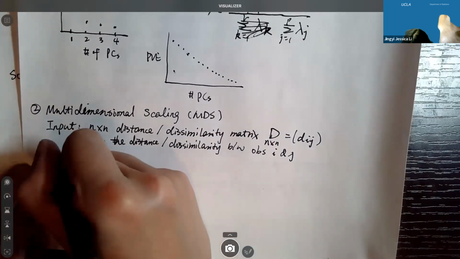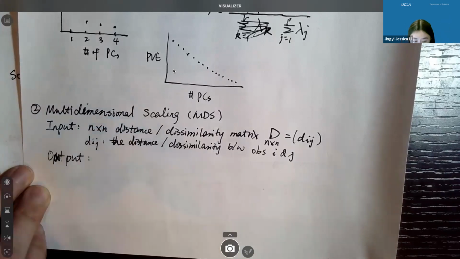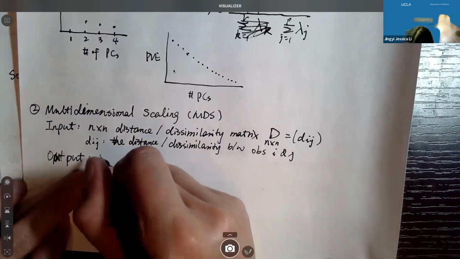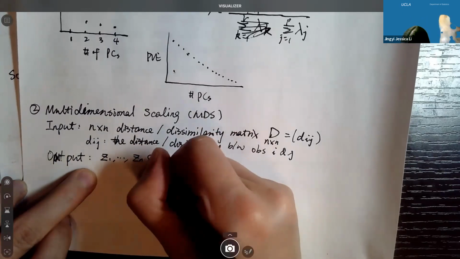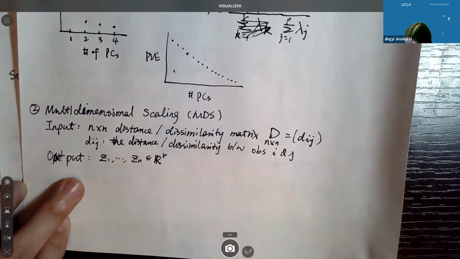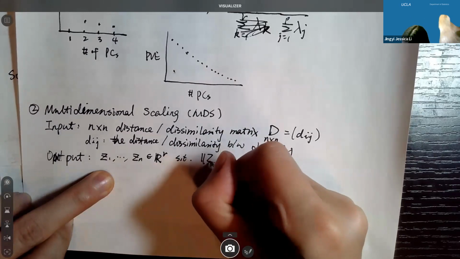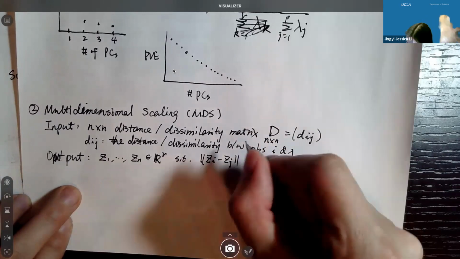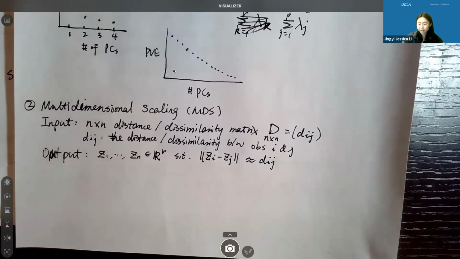So the output is that we want to find, let me still stick with my previous notations, Z1 to Zn, in R dimensions such that the Euclidean distance between Zi and Zj in the R dimension is approximately Dij. This is the goal. So try to find the embedding to preserve the distance.